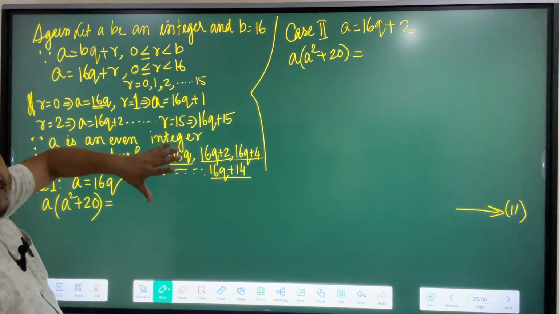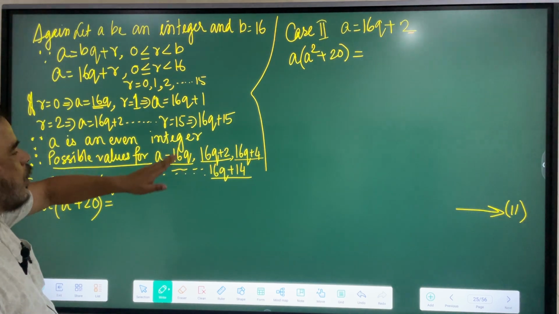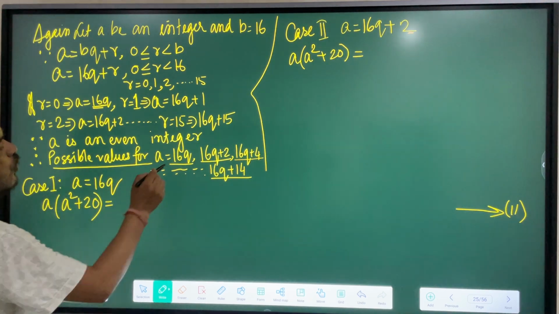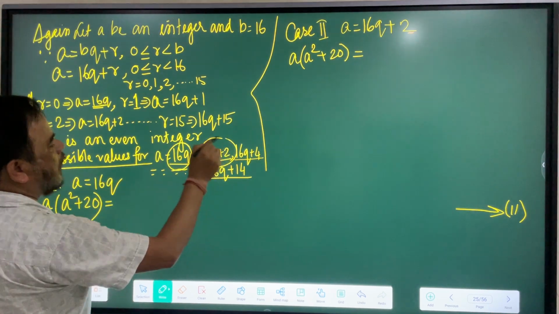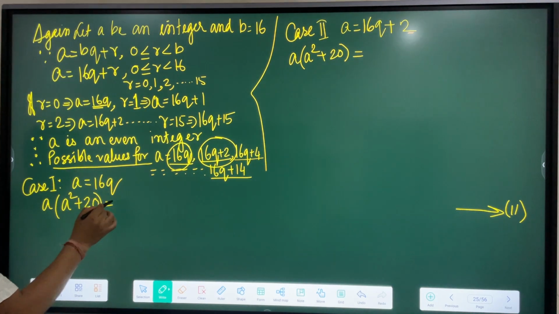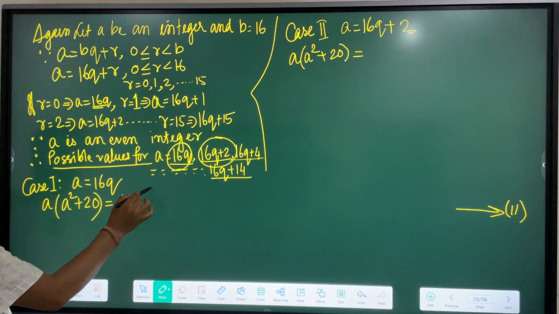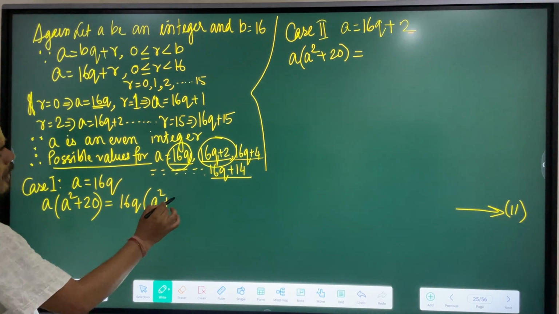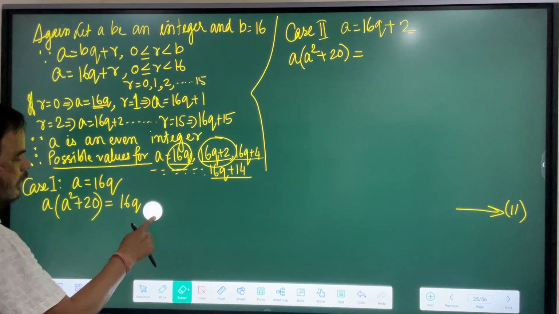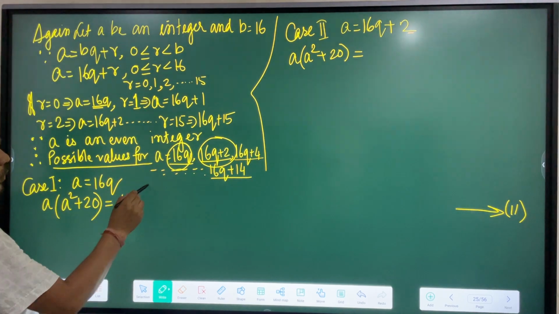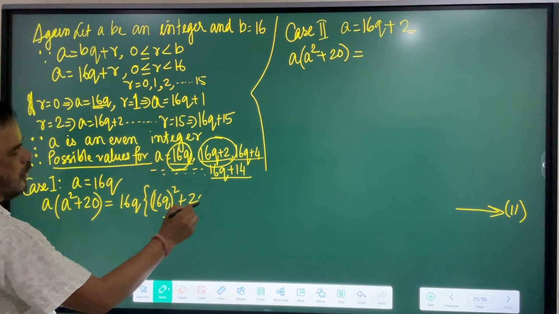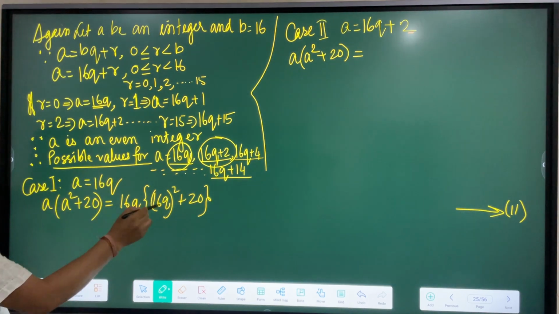So you cannot do all the terms. We will prove only 2, and the rest can be written similarly. So we will do 16q and 16q plus 2. First case 1, a equals 16q: a(a² + 20) equals 16q times ((16q)² + 20).